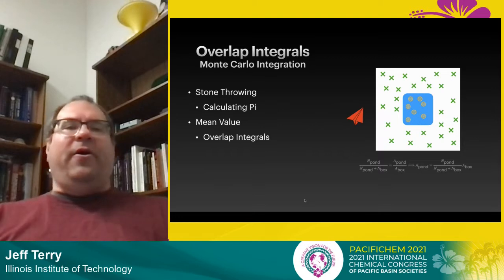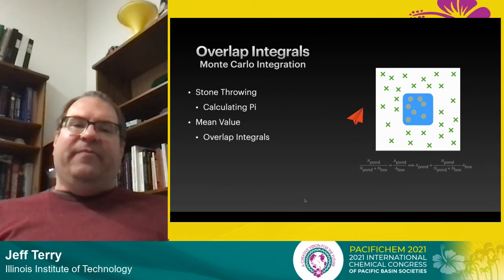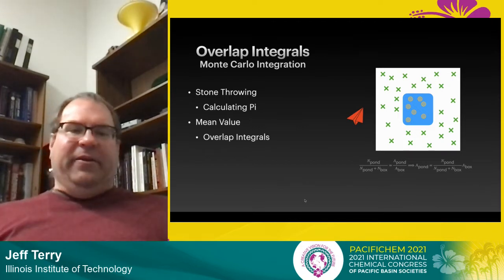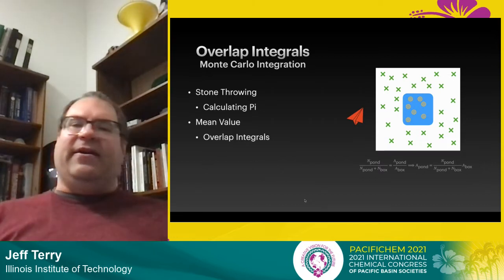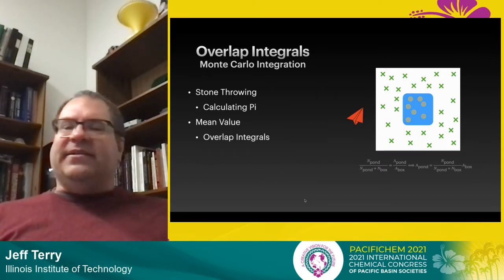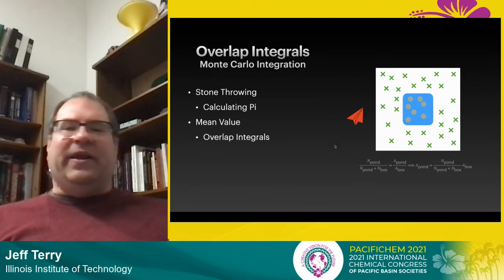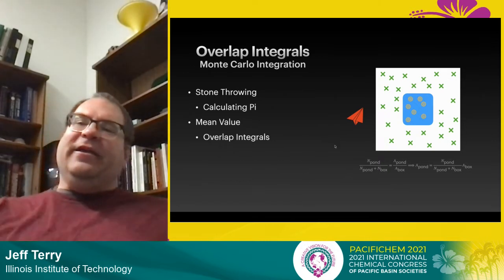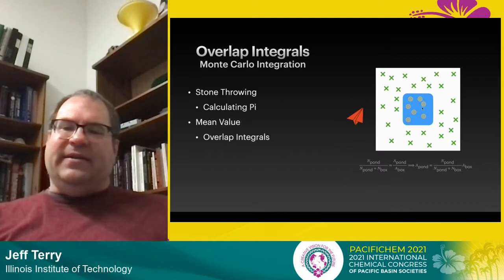Now, with Monte Carlo integration, there's typically 2 types of Monte Carlo integration that's done. Many people are often familiar with the stone throwing, which you use to do things like calculating pi. And so basically you take some device you're going to throw, a stone, a paper airplane, you throw it. If it lands in the region you want, you count it.